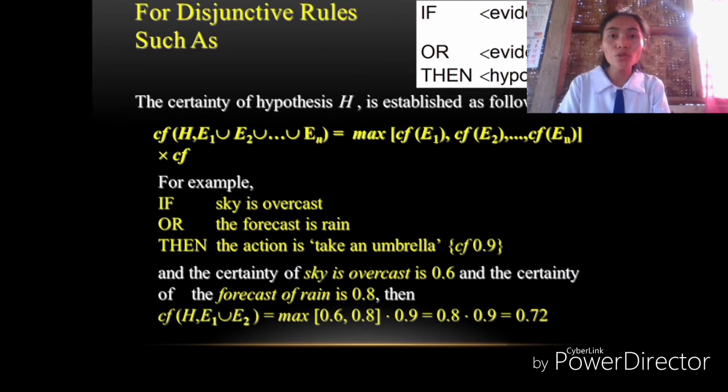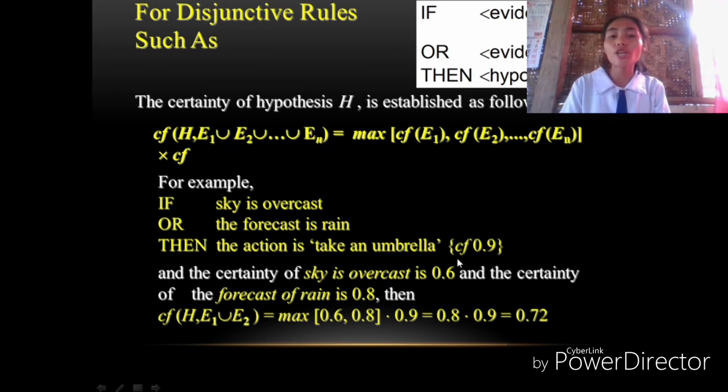For disjunctive rules, such as... so for disjunctive rules, let me check the syntax. If evidence E sub 1 or evidence E sub n, then hypothesis H, with certainty factor. The certainty of hypothesis H is established as follows. So what is the formula for disjunctive rules? For example, if the sky is overcast or the forecast is rain, then the action is take an umbrella.